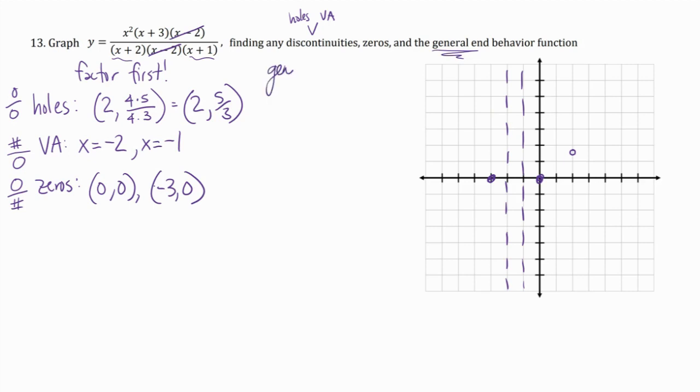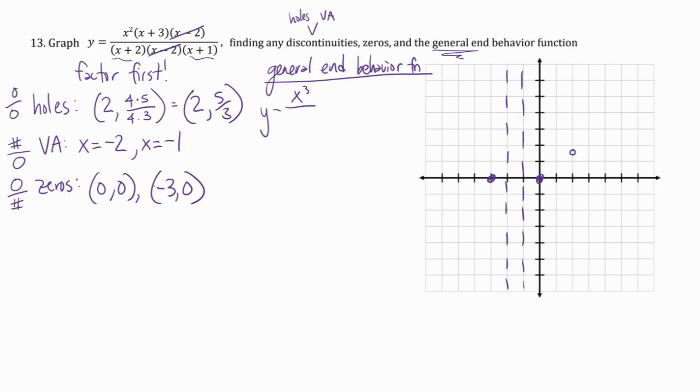So to find the general end behavior function, this is what you're going to do. You are going to look at your leading term in the numerator and the leading term in your denominator. My leading term would be x cubed for my numerator.